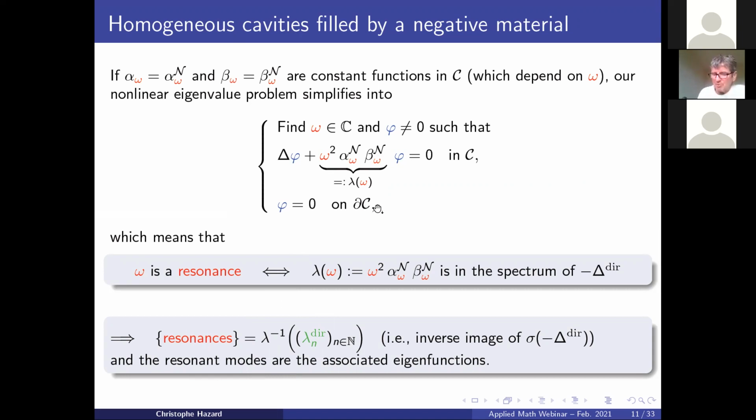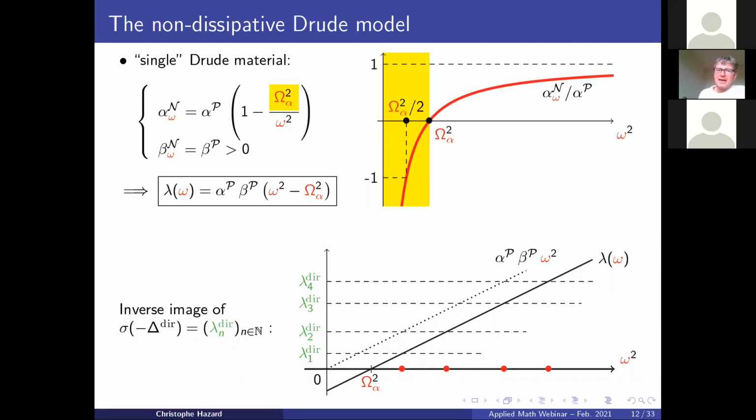And there are several models of negative material. The first one here is the simplest one. It is the so-called Drude model. And the simplest case is the non-dissipative case here. In this case, the function alpha, or the function beta, here I choose alpha, but it would be the same for beta, of course, is given by this formula.